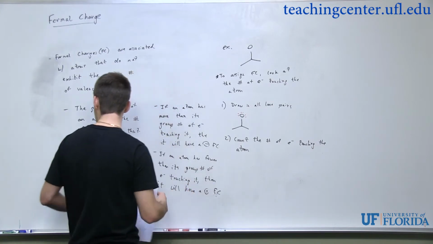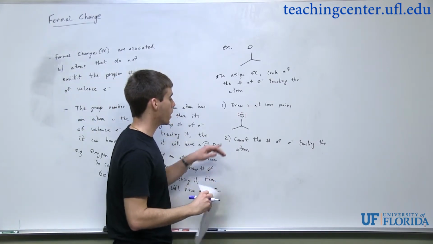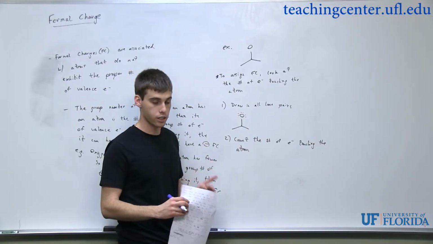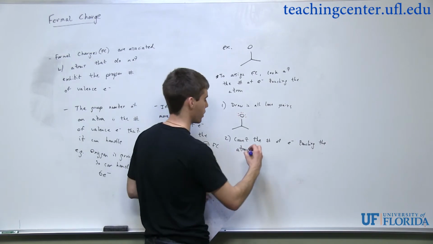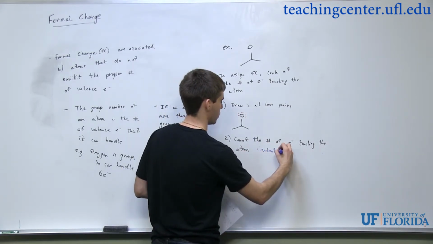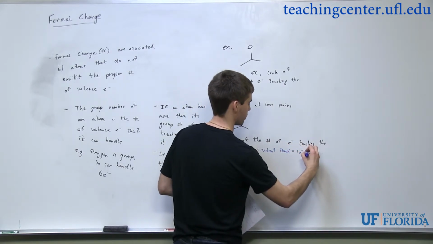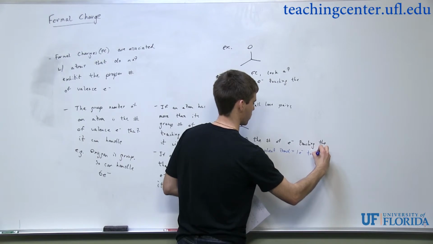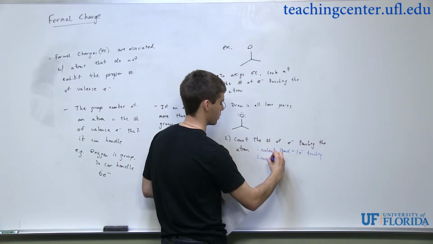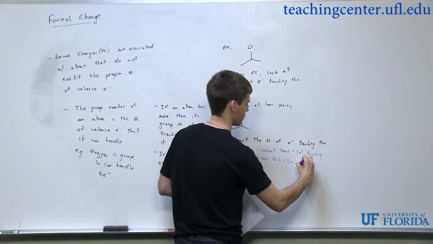Let me do this in blue. A single covalent bond counts for 1 electron touching. And a lone pair is 2 electrons touching.